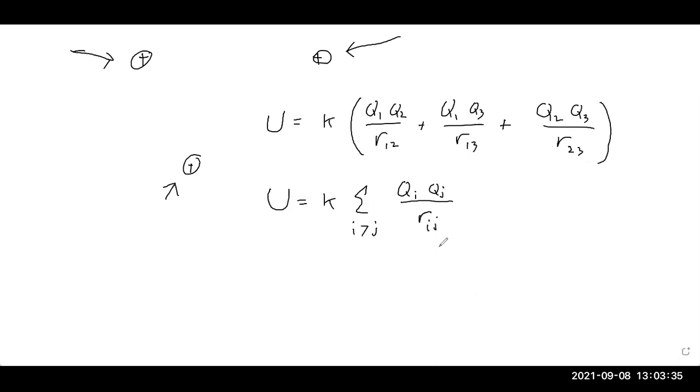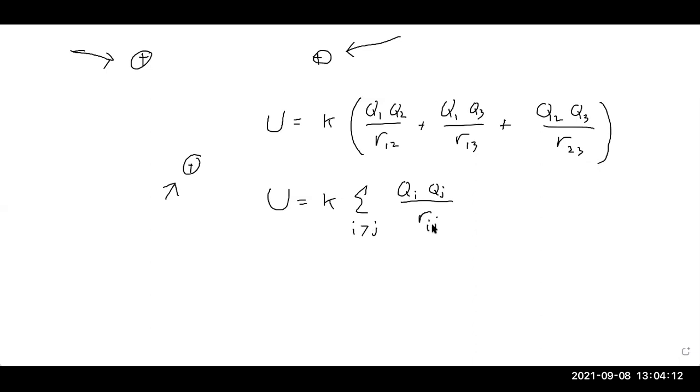So any idea why we do the sum over i greater than j instead of all i and j? Is it because you're not starting with the first one? You're starting with the second's interaction on the first one? That's part of it, because we don't want to count charge 1 times charge 1 divided by the distance between charge 1 and charge 1.